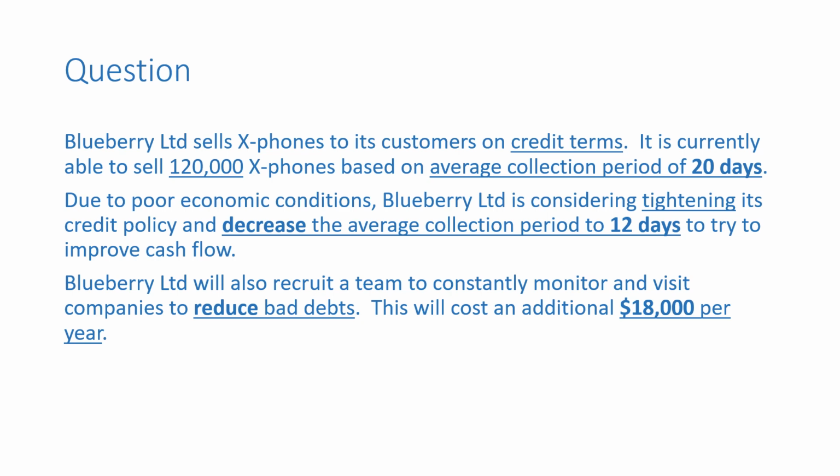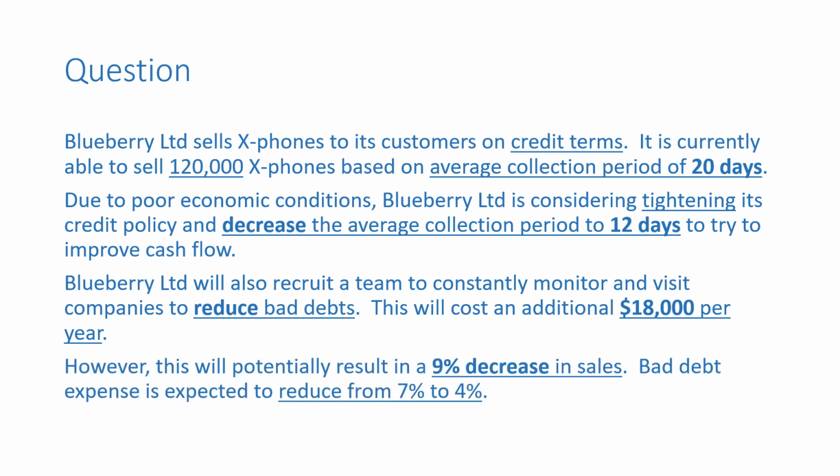Blueberry Limited will also recruit a team to constantly monitor and visit companies to reduce bad debts. This will cost an additional 18,000 per year. However, this will potentially result in 9% decrease in sales.